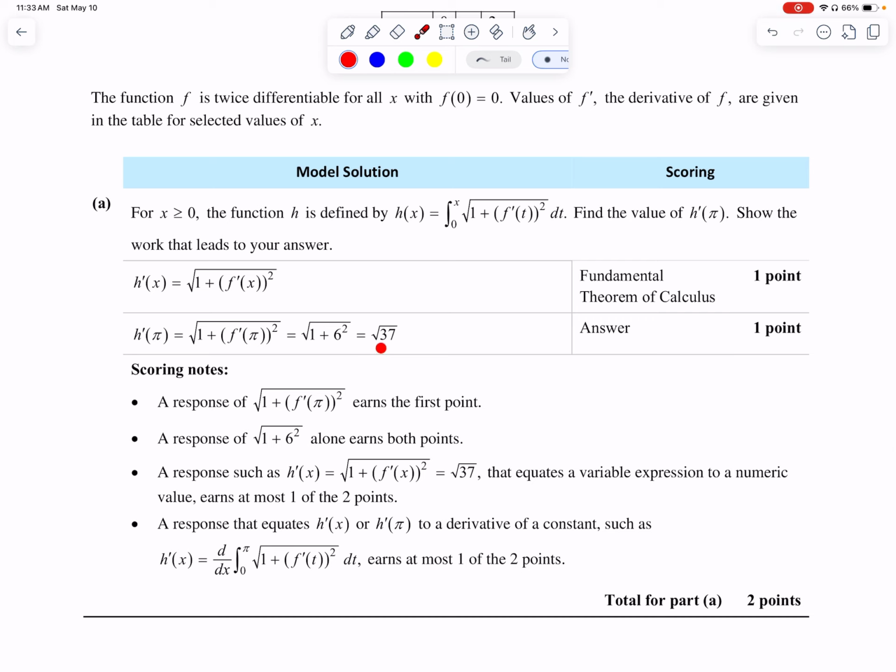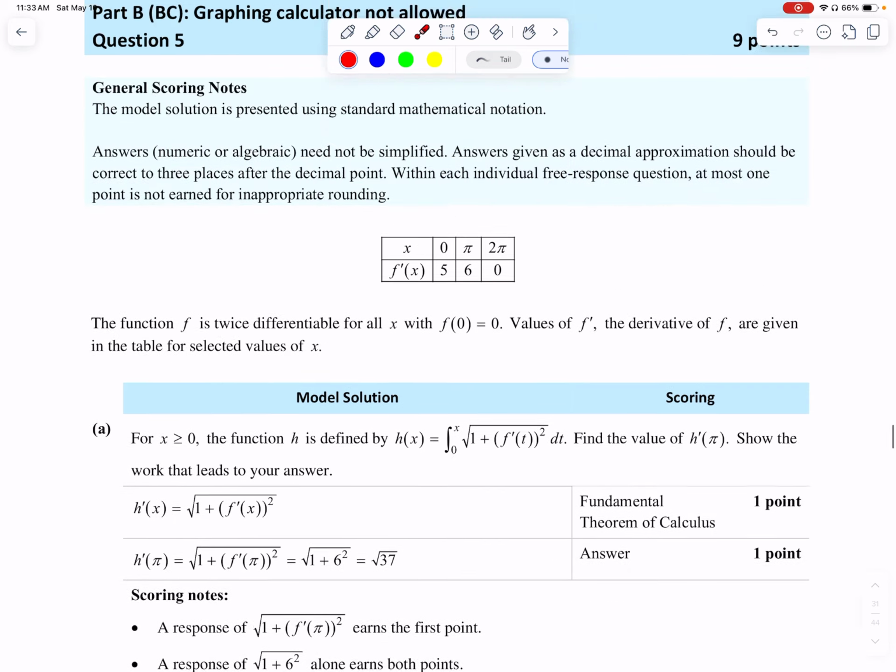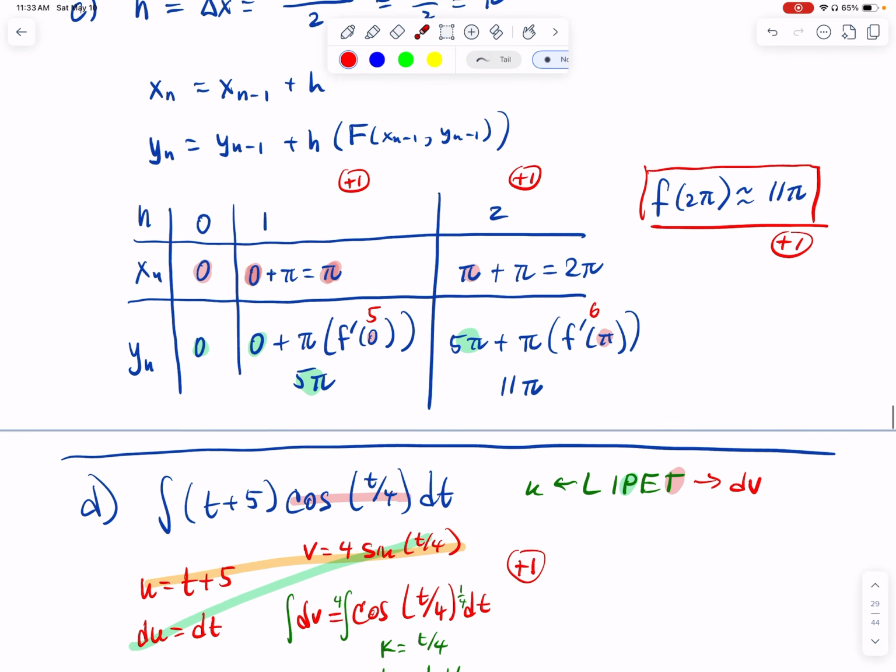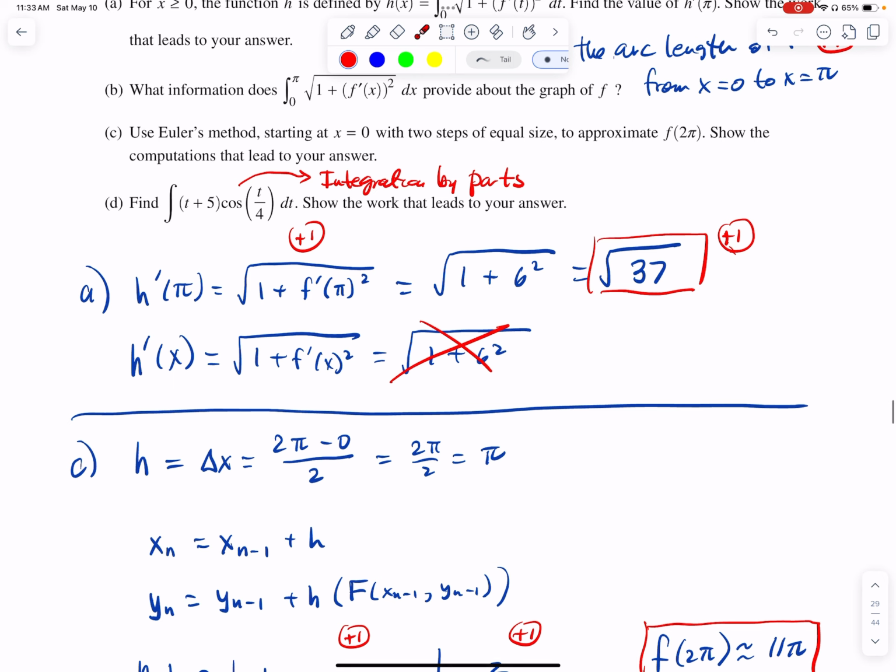Our answer was the square root of 37, and the FTC here saying that h prime of x is equal to the square root of 1 plus the derivative squared. Now, I put this secondarily whenever I was explaining something. I actually would not have. I probably would have just had this if I were just working this out and not necessarily had this explanation here. So I'm fairly certain this would still get you that point.